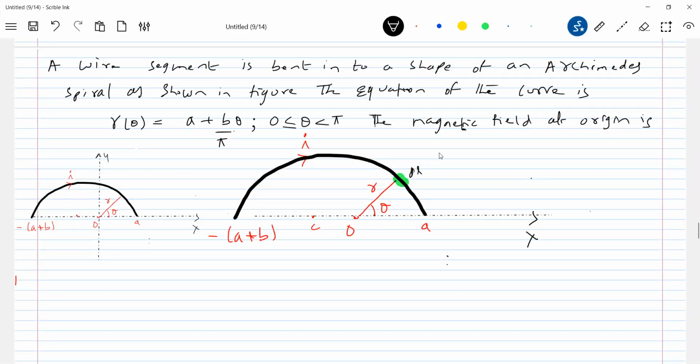I will take a small one, and this diagram I draw is very important.